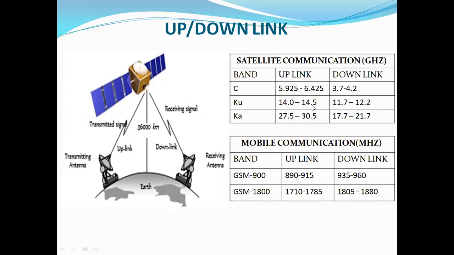So why is the uplink frequency higher than the downlink frequency? It is self-understandable, because uplink means from ground station to satellite. The ground has a high power transmitter to transmit a high frequency signal, because the signal has to cover the entire atmospheric distance to reach the satellite.